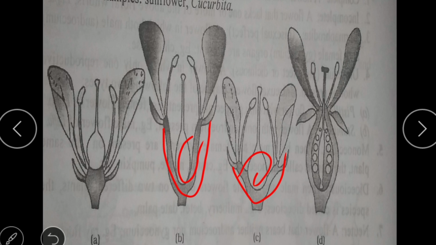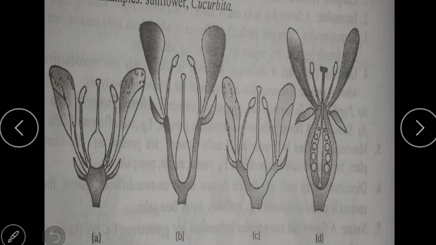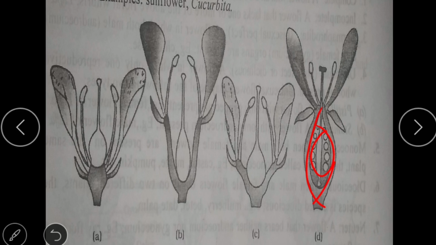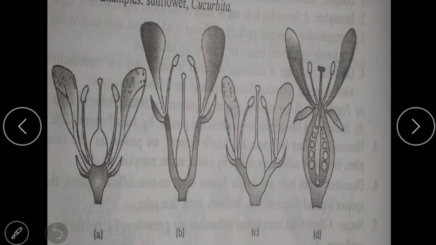This is the half inferior and half superior type of ovary. And the third type of ovary is the inferior ovary. You can see that the ovary is here and the thalamus is covering the ovary. This is the inferior type of ovary. The ovary will be at the lower stage and the thalamus and the other floral parts will be above this ovary. These are the kinds of ovary.